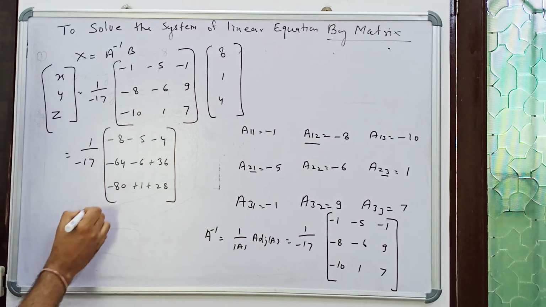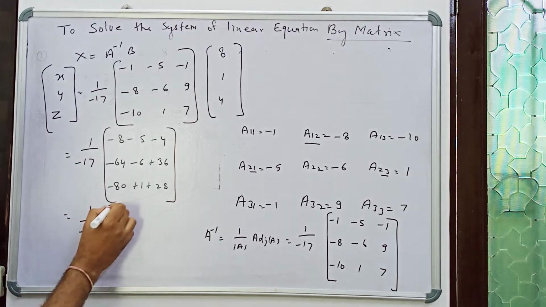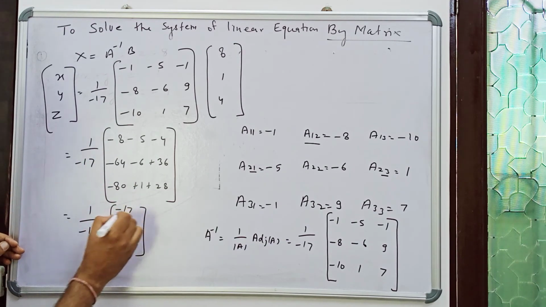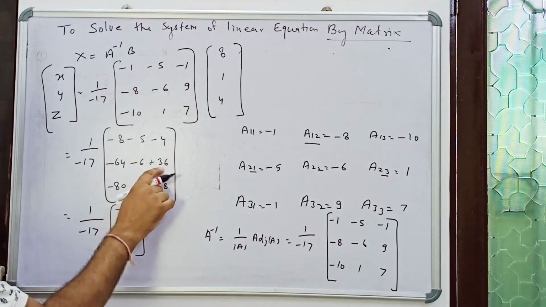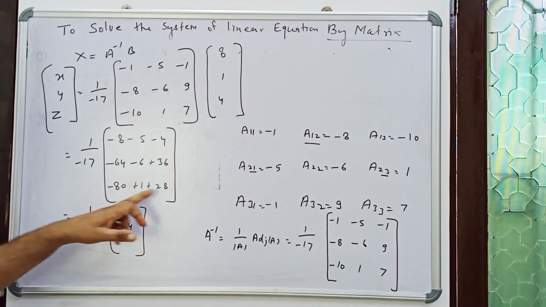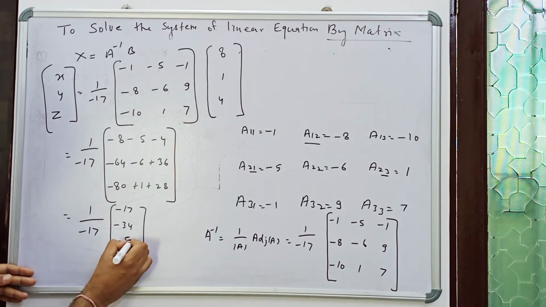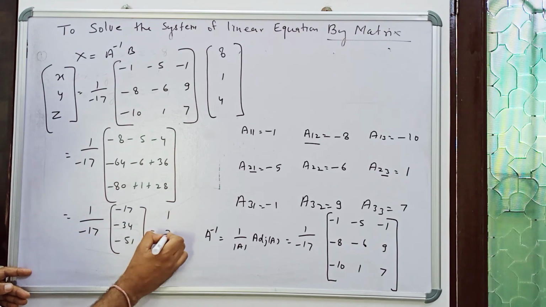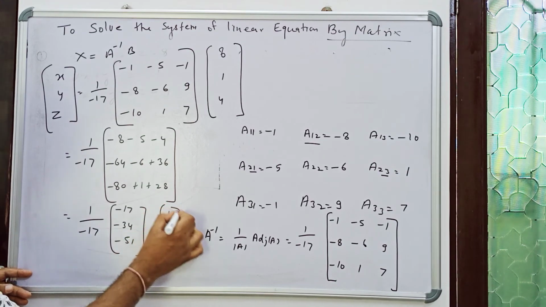So the last part is 1 upon minus 17. Now we will do the addition and subtraction. This will be minus 17. 70 minus 36, so it is minus 34. And this will be minus 51. So the final part, when you divide it by minus 17, is 1, 2 and 3.